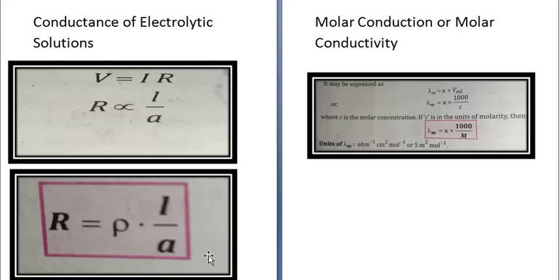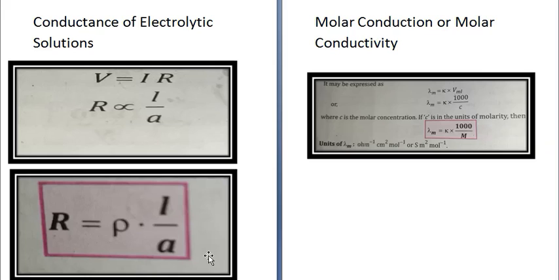The unit of G is ohm to the power minus 1, or mho, or Siemens. Resistance and conductance are inversely proportional. So conductance is given as G, and G is equal to 1 upon R.